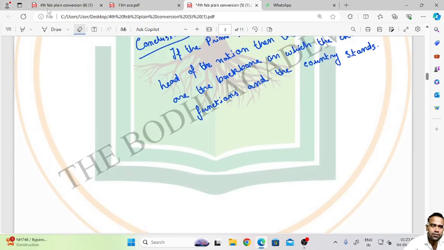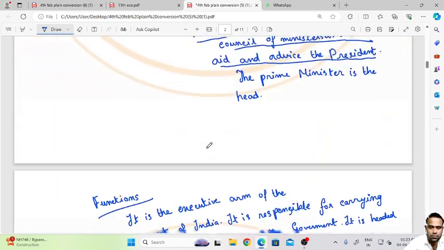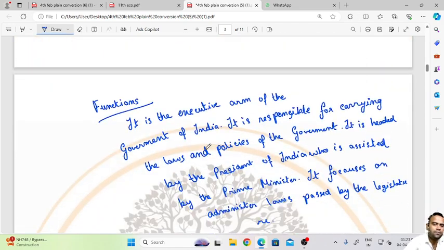So without any further delay, let's check the second point: functions. Now, what is the function of the Union Executive? It is the executive arm of the government of India. Now, the government of India, what does it do? It rules a country.